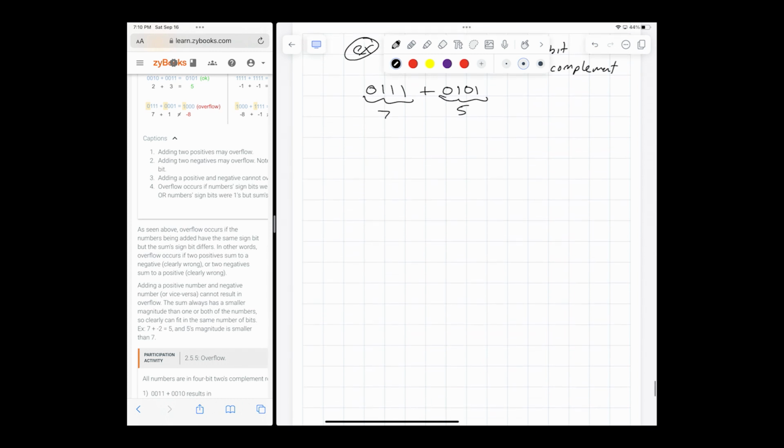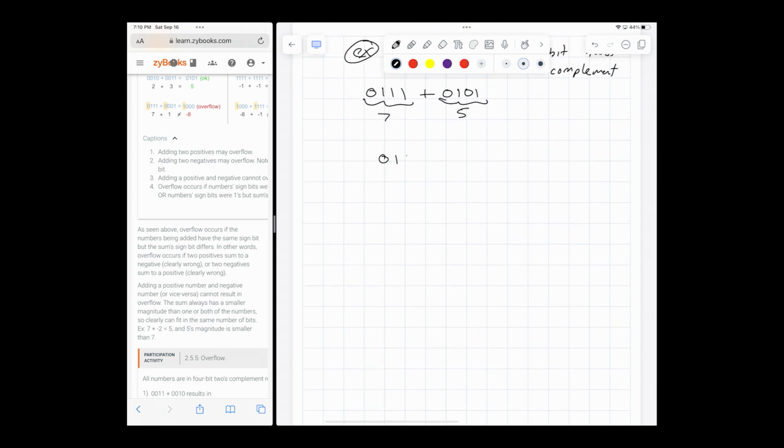Now, when you try to add these, you go 0, 1, 1, 1, 0, 1, 0, 1. We add them, and we get 1 plus 1 is 2, 1 plus 1 is 2, 1 plus 1 is 3, so you go 1, carry the 1. And the fact that you just carried that 1 there means that 1 plus 0 is 1. So we get this number, 1, 1, 0, 0.